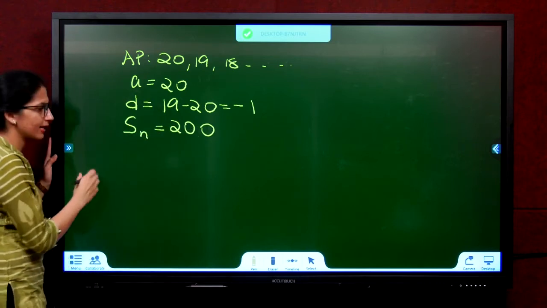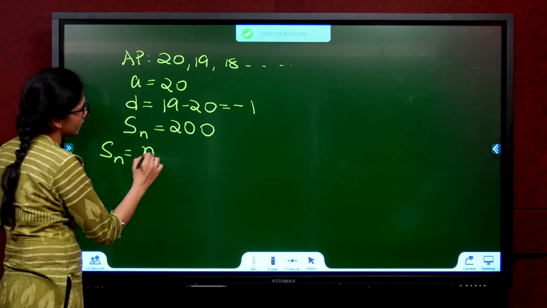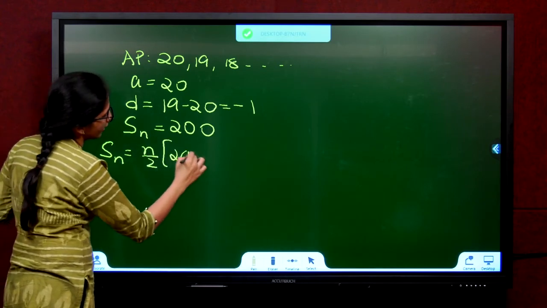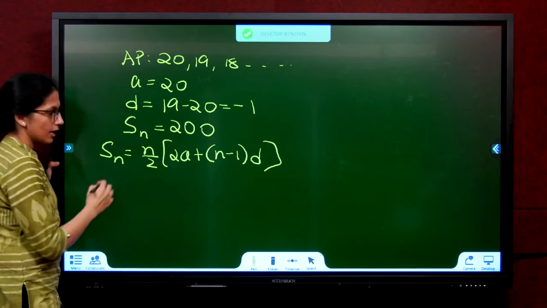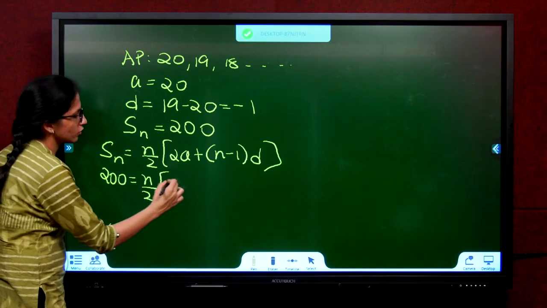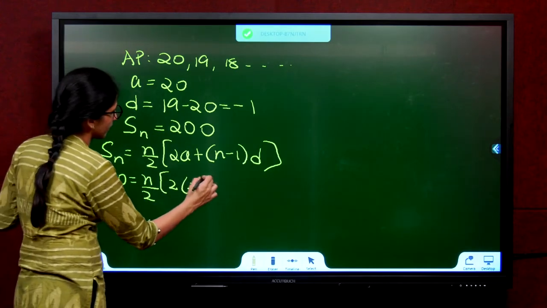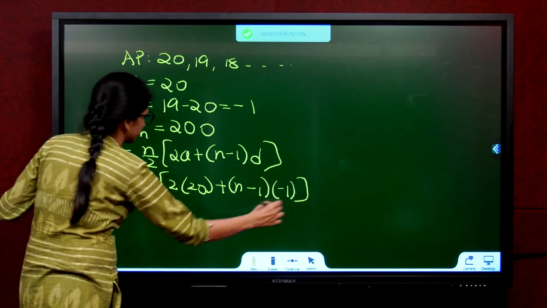From this can I find n? Yes I can. Sn is n by 2 into 2a plus n minus 1 into d. Sn is 200 is equal to n by 2 into 2 into a, A is 20, plus n minus 1 into minus 1.